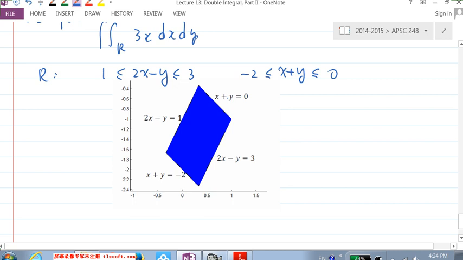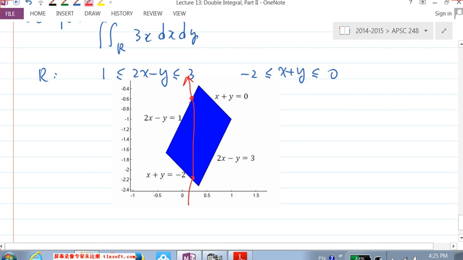Let's say you decided to integrate with dy first. You draw a line in the positive y direction across this region R. So first contact, second contact, y min and y max.